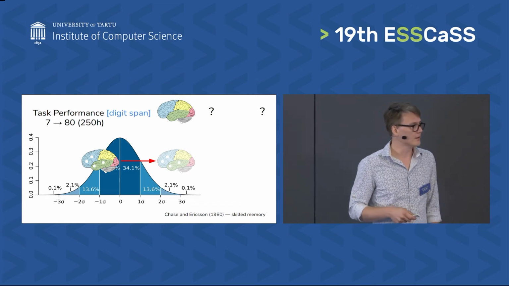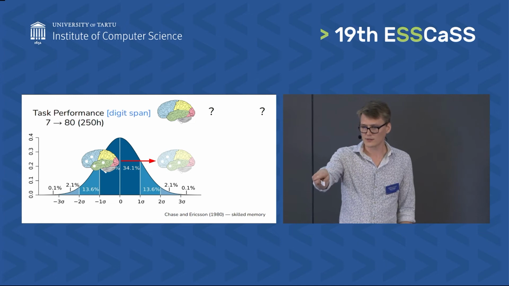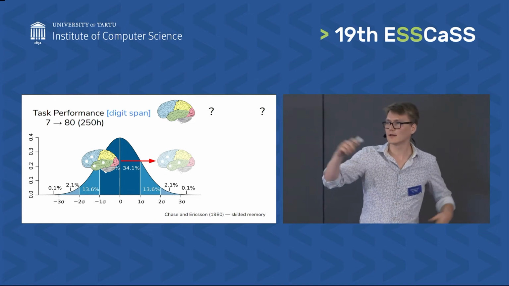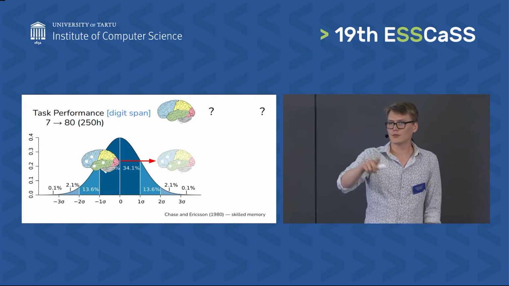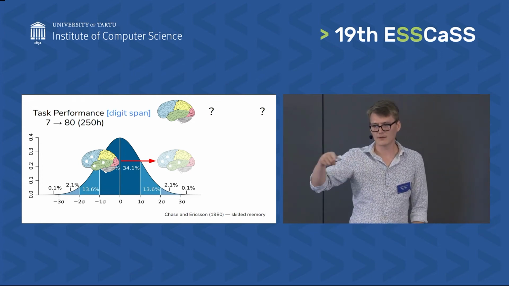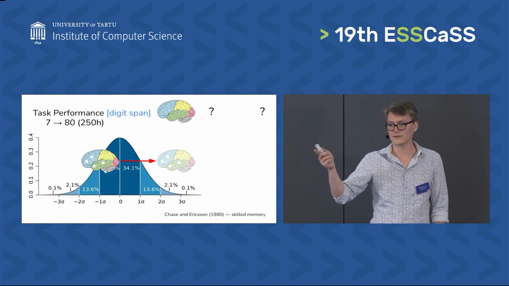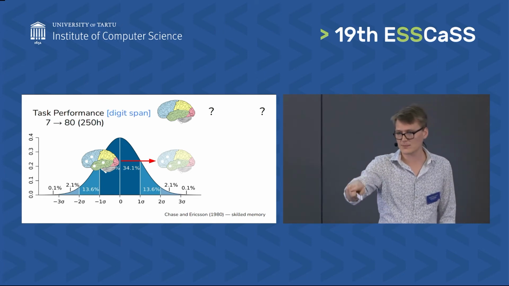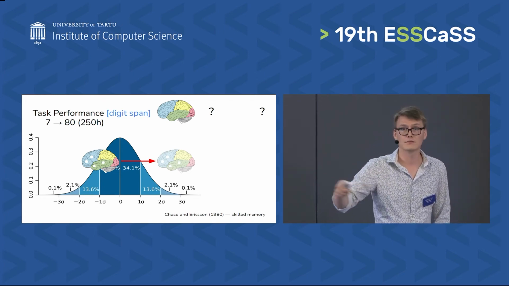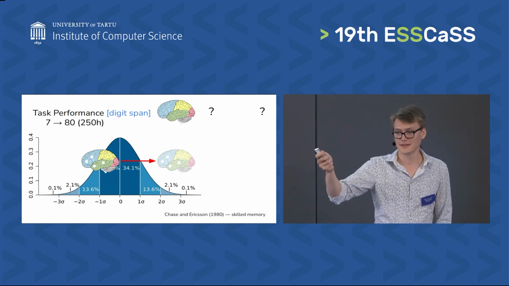But there was a researcher who paid a subject who was with an average IQ and otherwise average person to train the digit span over the course of 2 years, 250 hours in total. And he managed to increase his digit span from 7, which is average, to 80. Yeah, you can imagine that.